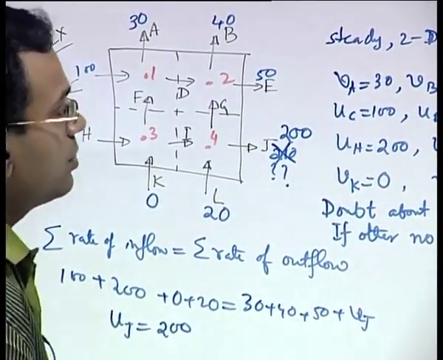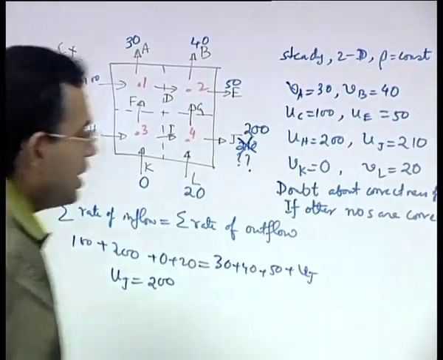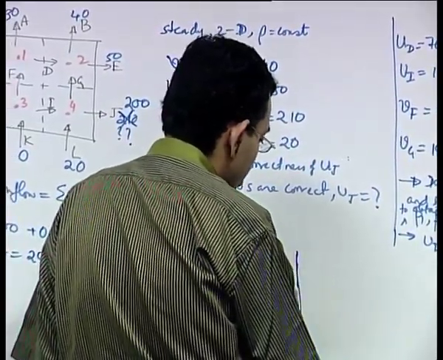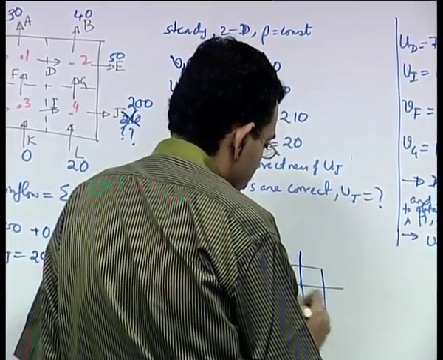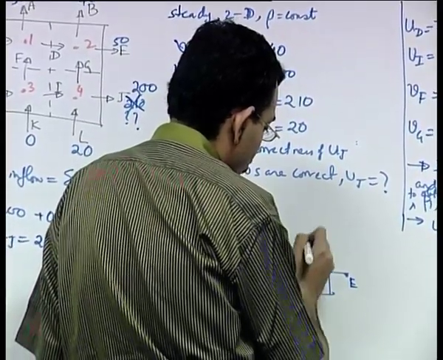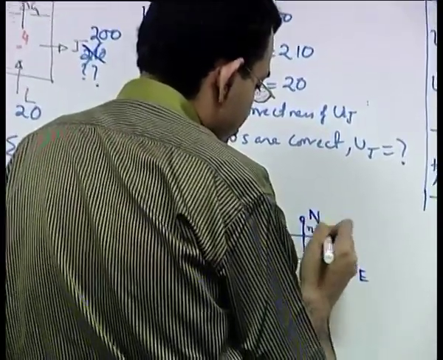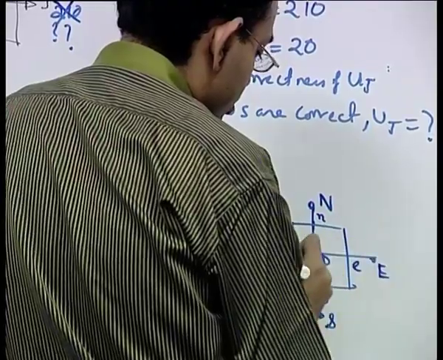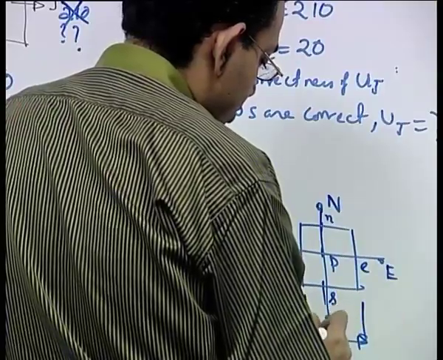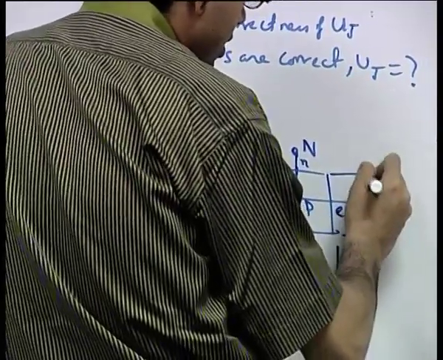So, to derive the pressure equation, let us say that you have a 2-dimensional control volume with P, E, W, N, S, and delta x, delta y as the dimensions.